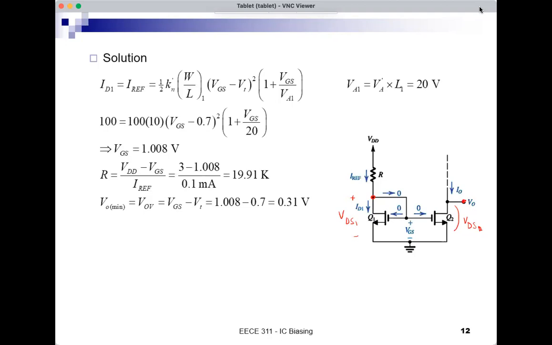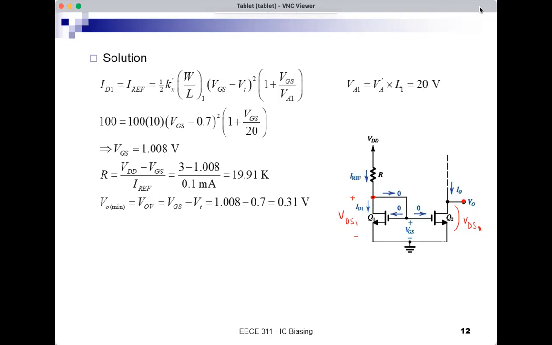So the minimum output voltage is 1.008 minus 0.7, 0.31 volts. So as long as the voltage is larger than 0.31 volt, the output current would be almost constant.